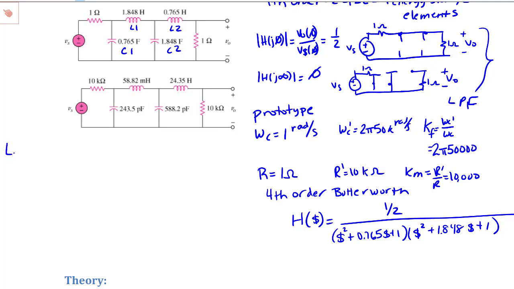L1 prime is equal to Km over Kf L1, which equals 10 over 2 pi 50 times 1.848, which equals 58.82 millihenry.